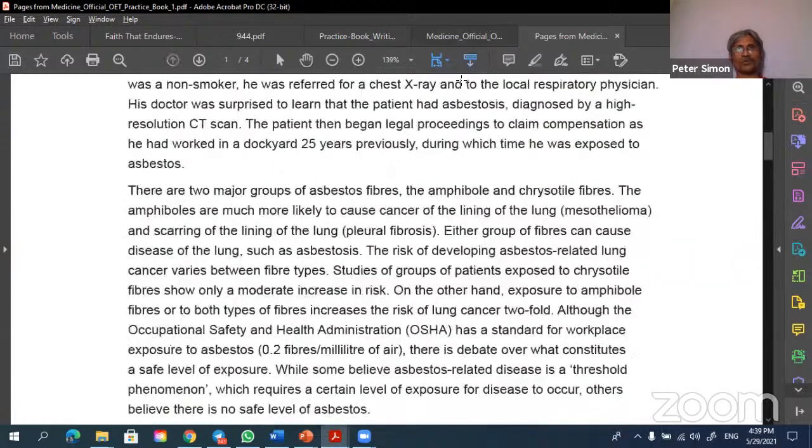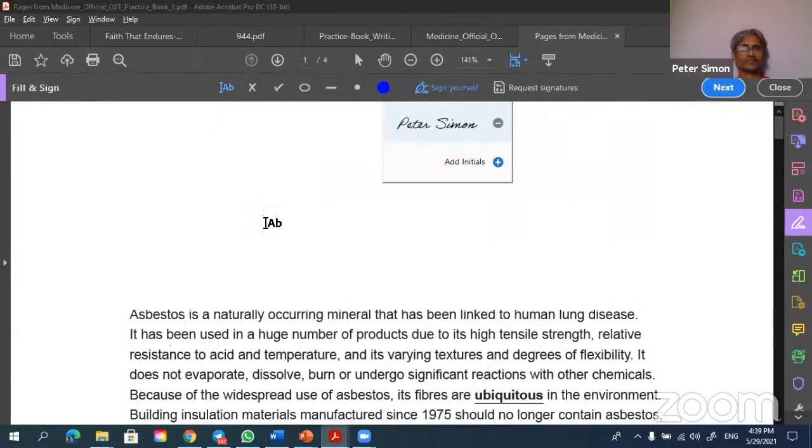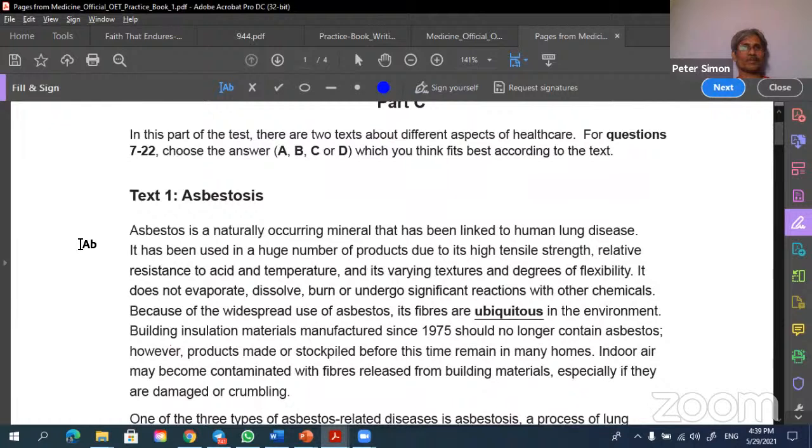Now, whenever you go to the passage, the first step is to number the paragraphs. Number the paragraphs. First step is number the paragraphs. Number 1. Number 1.